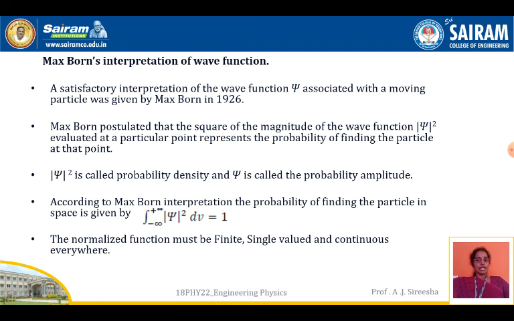The limits are taken as minus infinity to plus infinity because it is in space. Definitely the particle will be within the space, therefore it is equal to 1. So the normalized wave function must be finite, single valued and continuous everywhere. These are Max Born's interpretations of a wave function.